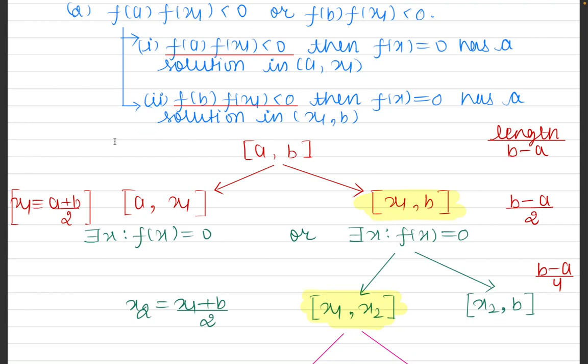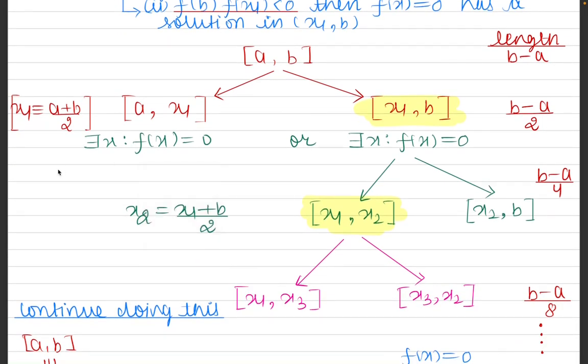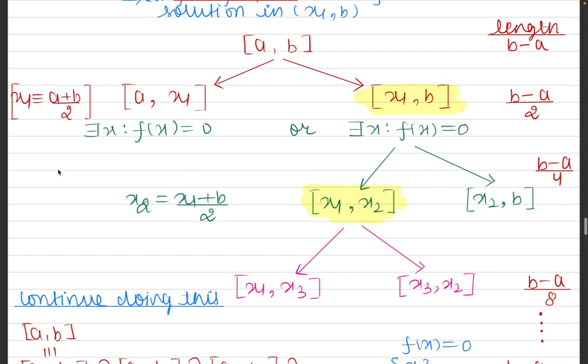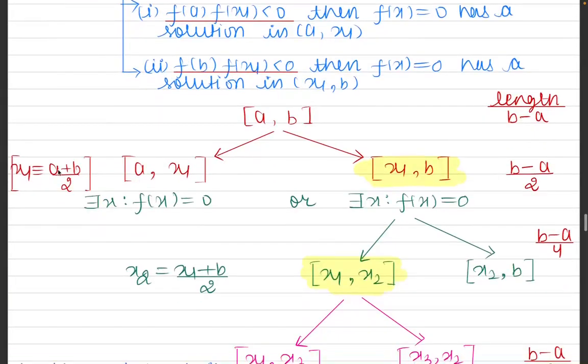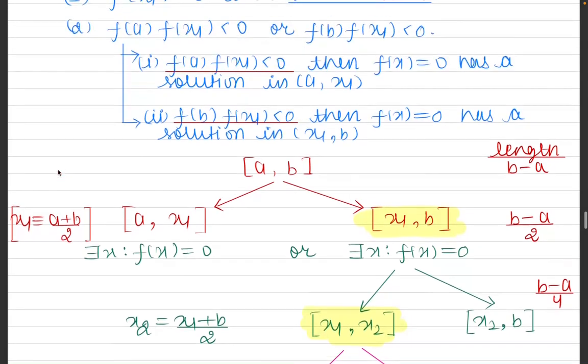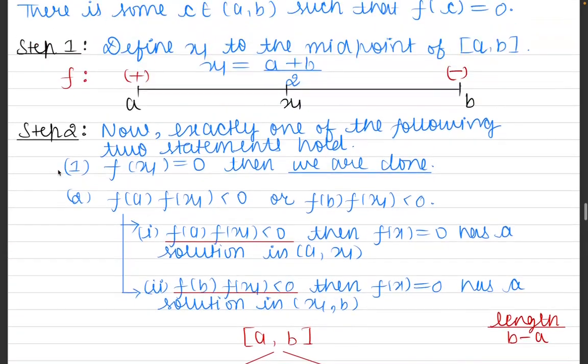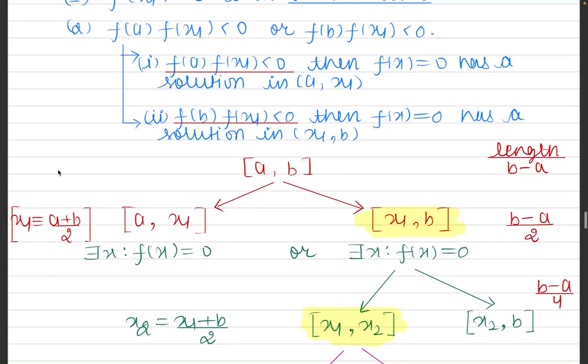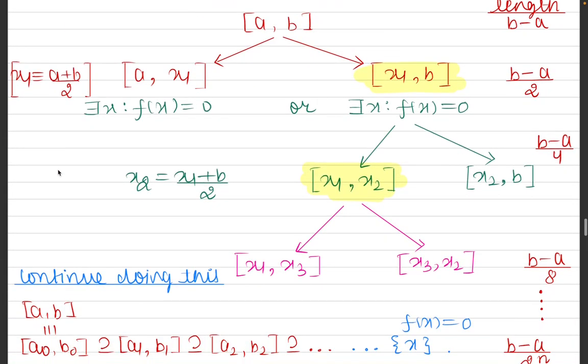If you look at the graph, let's say this is your a and this is your f of a. This is your b, and because these are opposite signs, one has to be on the positive y-axis and the other on the negative axis. So you bisect this interval [a, b] and consider its midpoint to be x1.